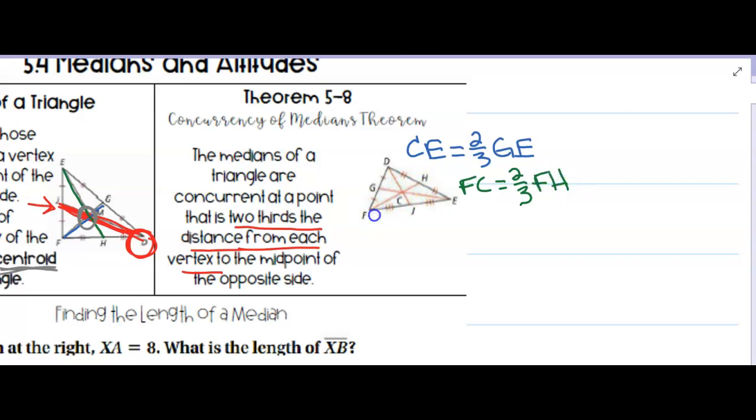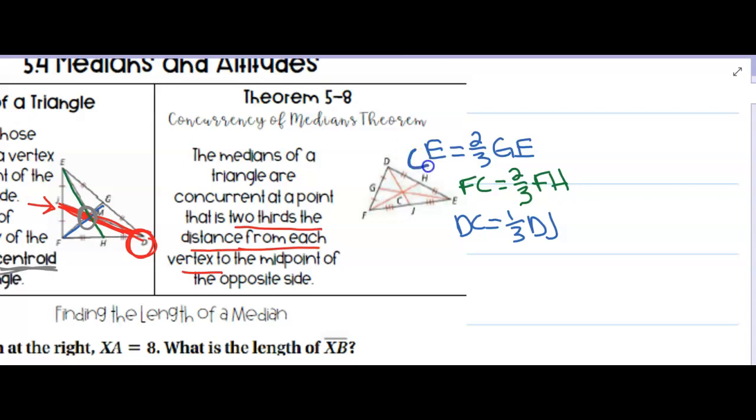Okay, let's do the last one since we are already this far. The last median is DJ. So in that median, if you go from the vertex to the centroid, so DC, that is going to be 1/3 the entire median, which is going to be DJ. Now, I think what's tricky is that you just have to keep separate which side you are going to here.